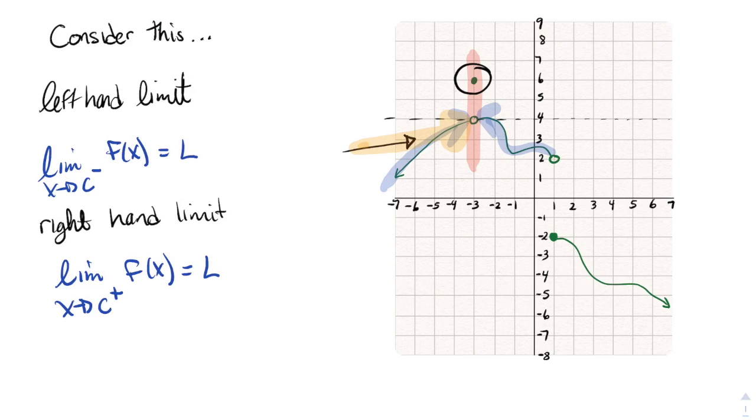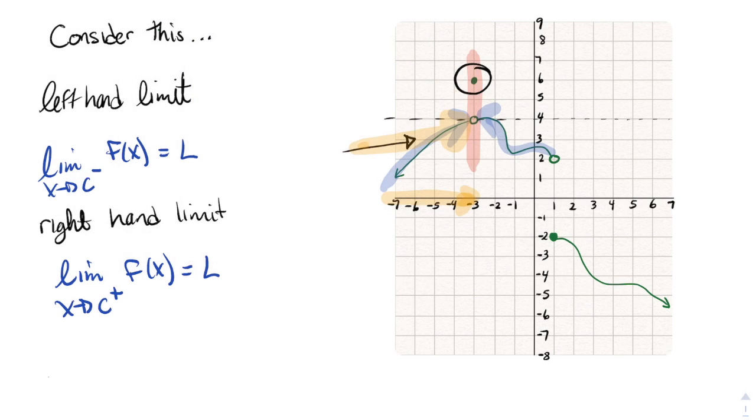So -3.1, -3.001. We're looking at all those numbers that are kind of like right here. As we're getting closer and closer to -3, at this point, we actually get a value of 4.